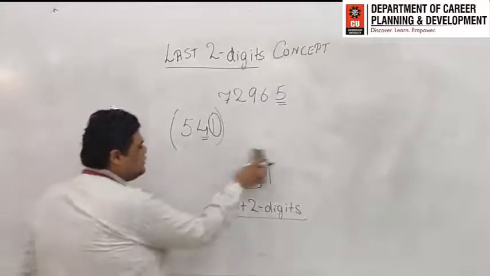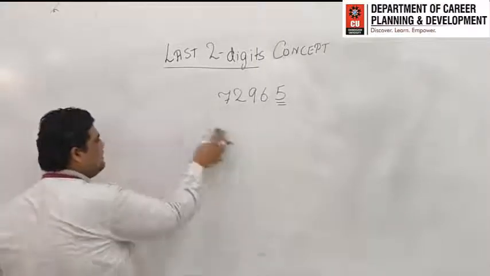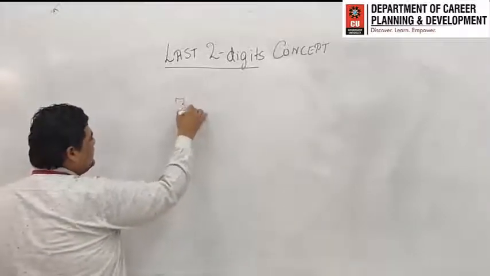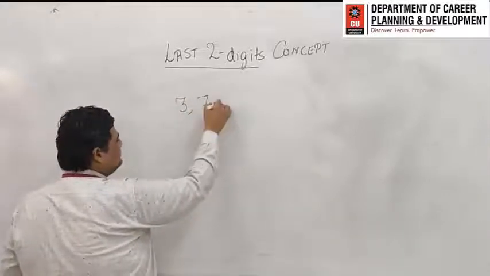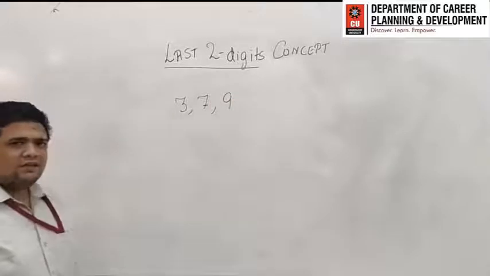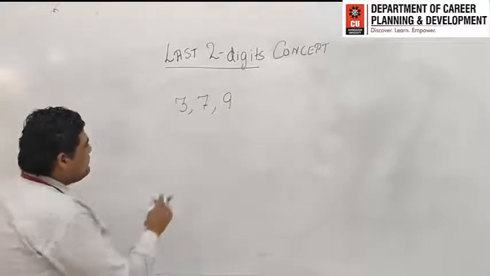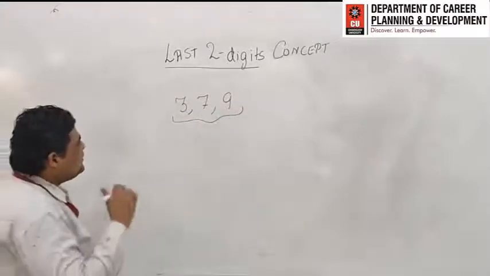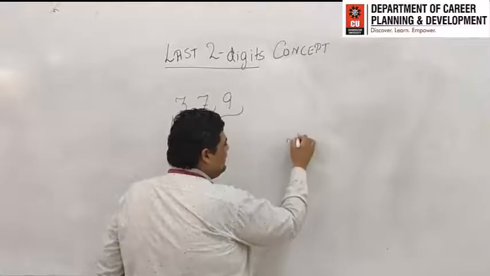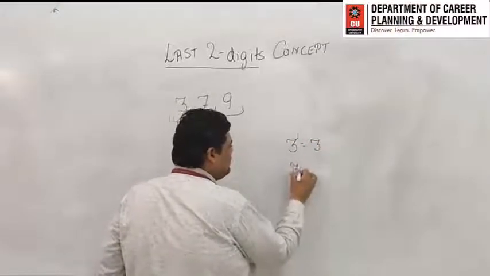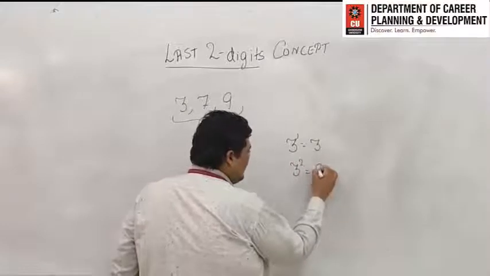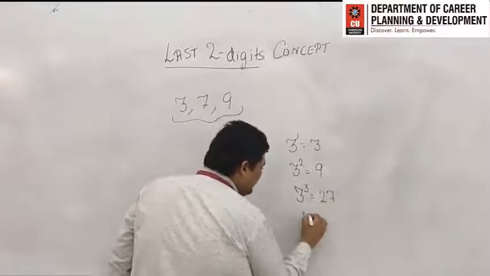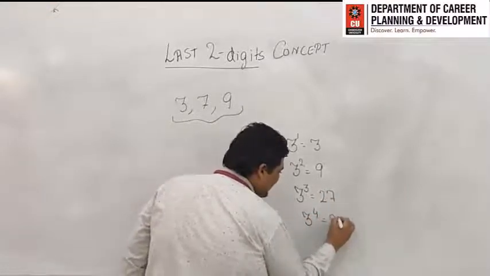Next, let us move towards all the odd numbers except 5, like 3, 7 and 9. We are skipping 5. Let's see how to solve when the unit place value is 3, 7 or 9. I know 3 to the power 1 is 3, 3 to the power 2 is 9, 3 to the power 3 is 27, and 3 to the power 4 is 81.